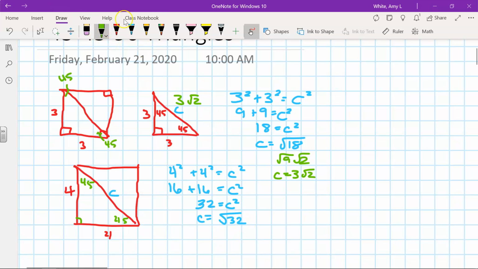Once again, we are going to simplify these radicals as much as we can. I know that 32 is 16 times 2, so my final answer is 4 square root of 2. So once again, we see that same thing happen, where the hypotenuse is the length of the side multiplied by the square root of 2.